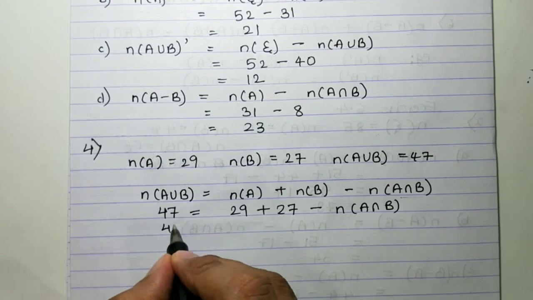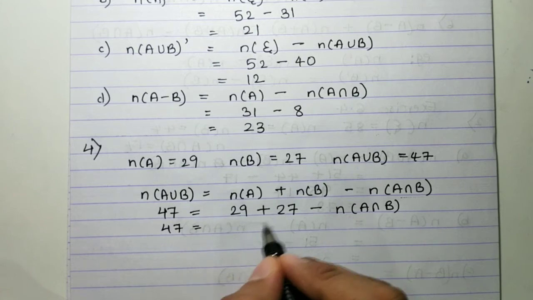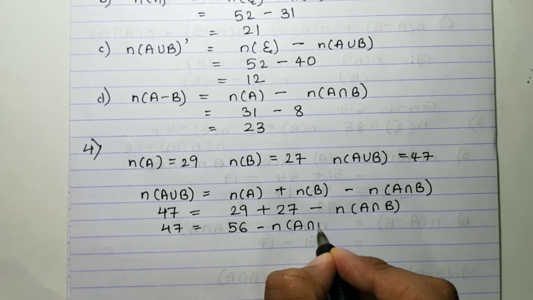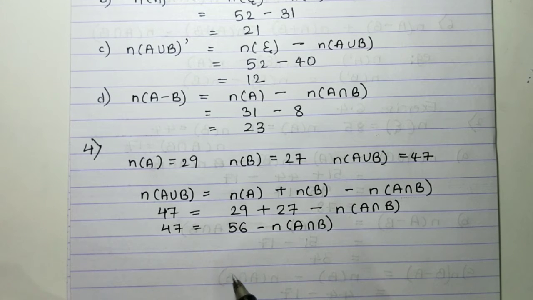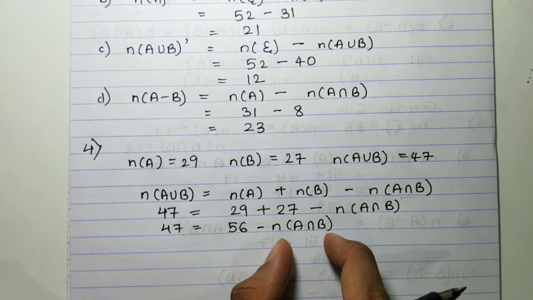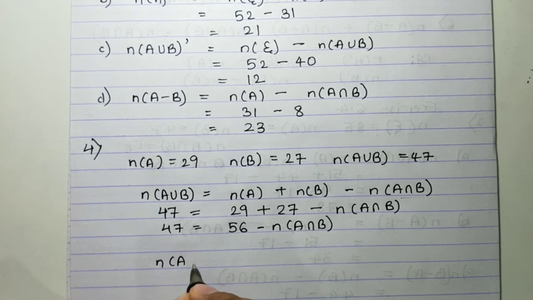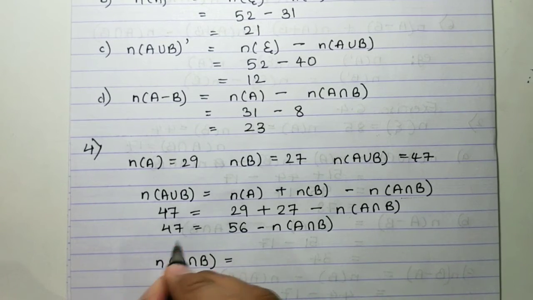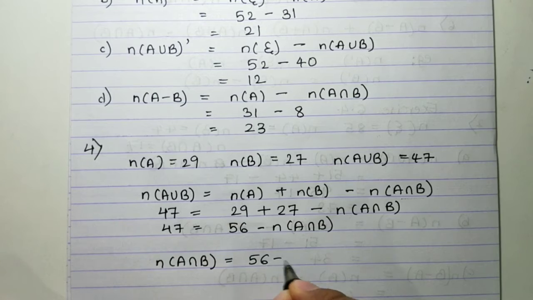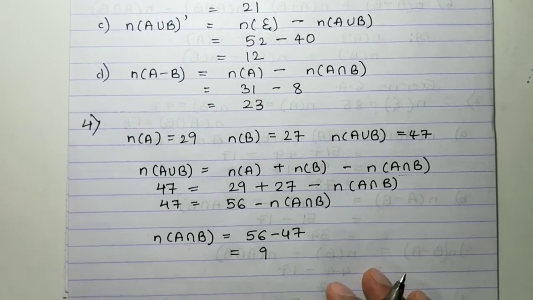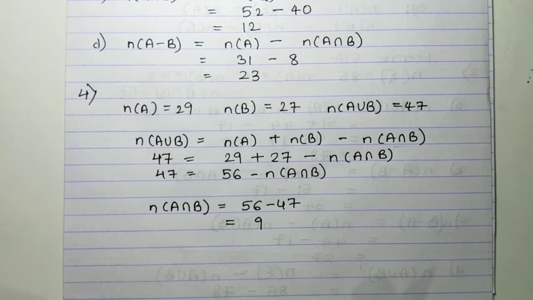Then 47 equals, add this, 56. Now shift this n A intersection B on the left hand side, so this minus will become plus here, and this 47 will go on the right hand side, so 56 minus 47. Okay, this is 9. We got the answer.